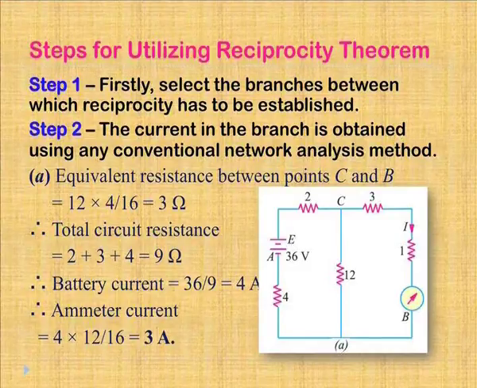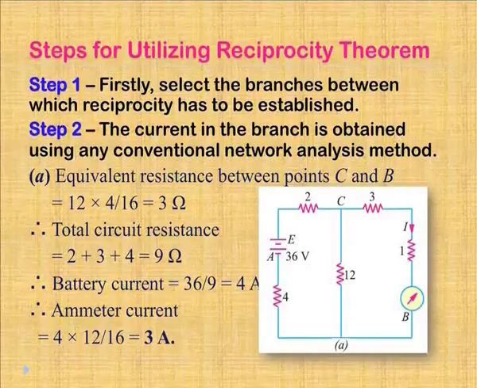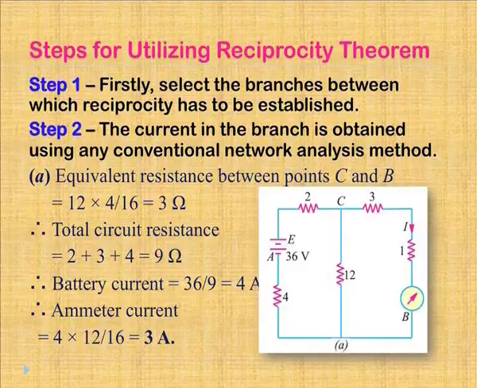So, first we will find the current in the given situation, that is, we keep the circuit as it is and we find the current in the meter B, and by calculating using simple Kirchhoff's law we can find that current, and this is equal to 3 ampere.